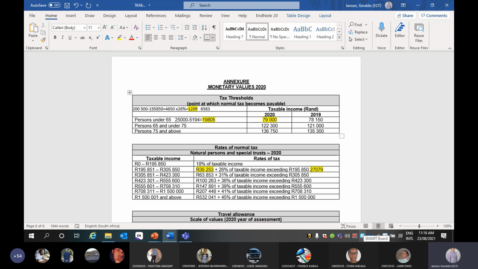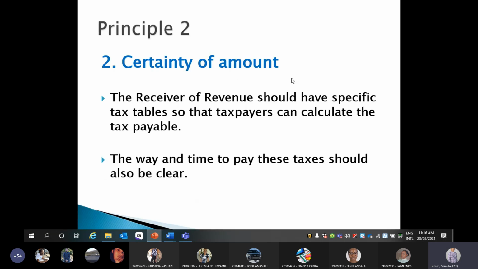You can even go to the receiver of revenue's office and say, give me the tables. This information is free and easily available to anyone. Why? Because we should have guidelines of the amount that we need to pay. Certainty. We should know for sure what amount we should pay.